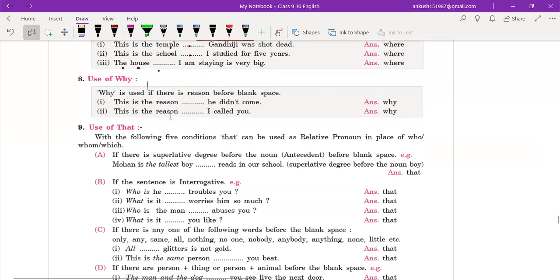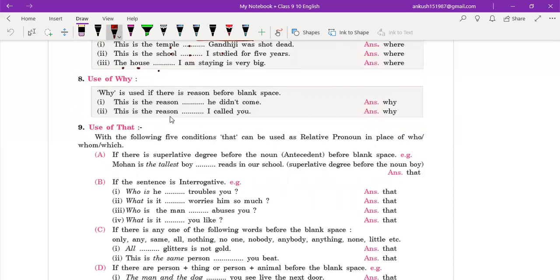Why? Whenever there is a reason, then only we use why as a relative pronoun. For example, this is the reason why he didn't come. This is the reason why I called you. I asked him why he has come.